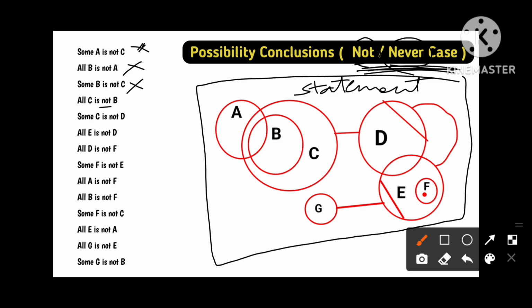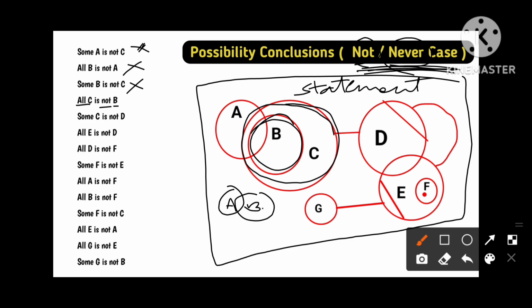Here we see "not" again. So what we need to check is all C can be B. Is it possible? Can we place all C inside B? It is possible. How we can draw is C is sharing with B. We represent C and B in the same circle.